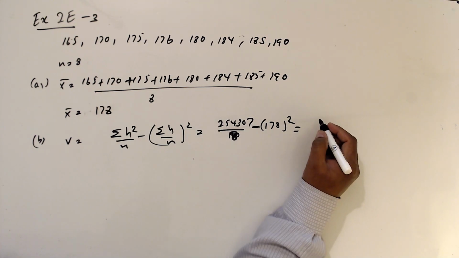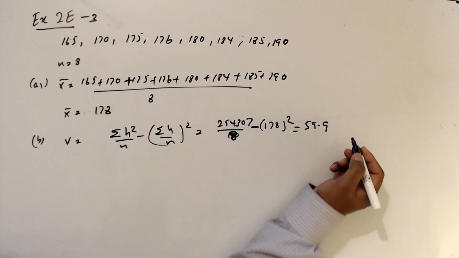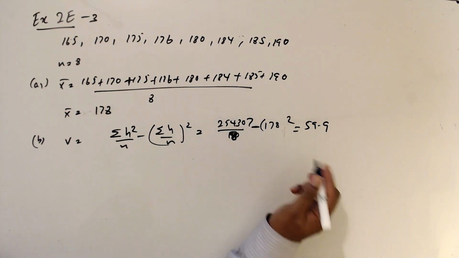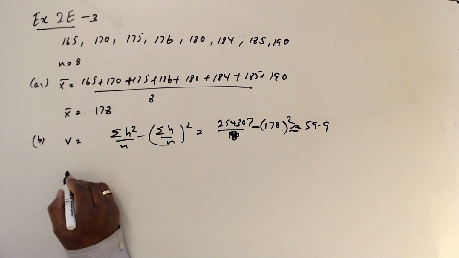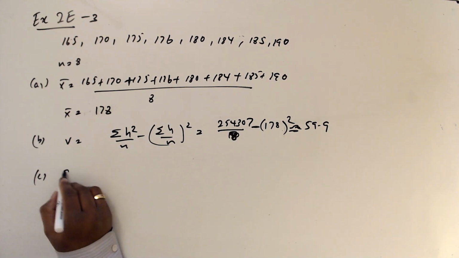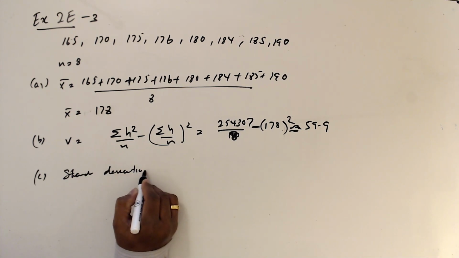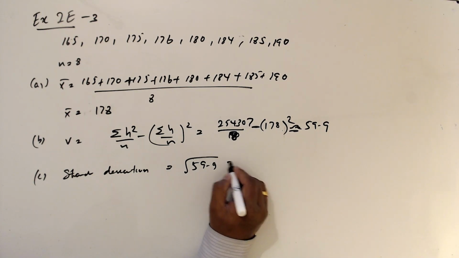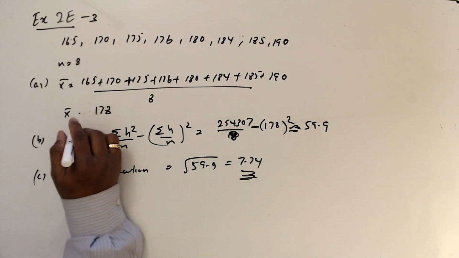So we will get variance around 59.9. And C, standard deviation equals the square root of 59.9, so 7.74 approximately. This is an approximated value.